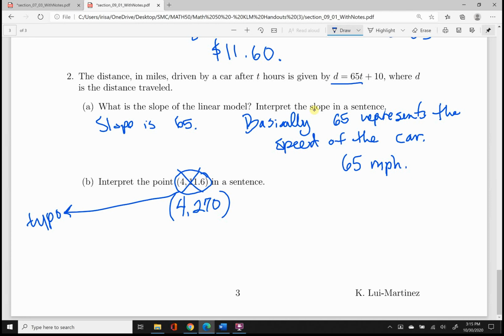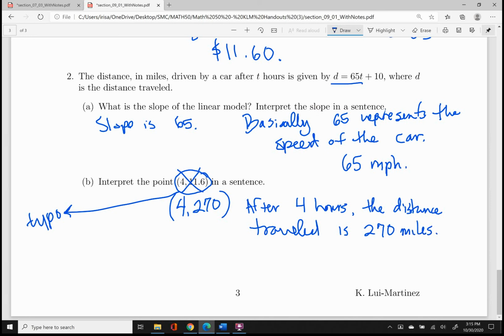If we're interpreting this point, (4, 270), we would say after 4 hours, the distance traveled is 270 miles.